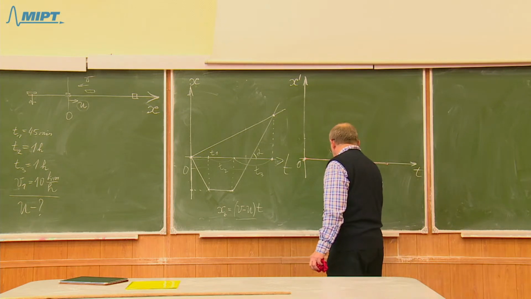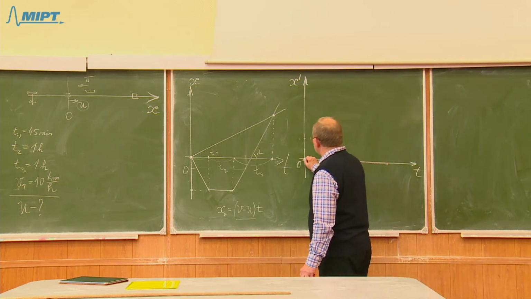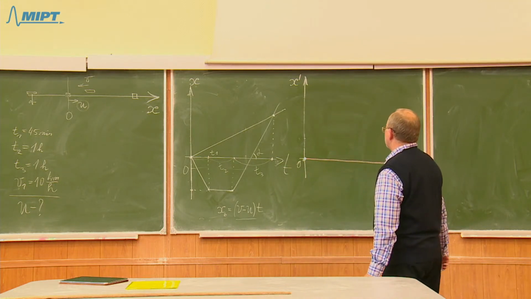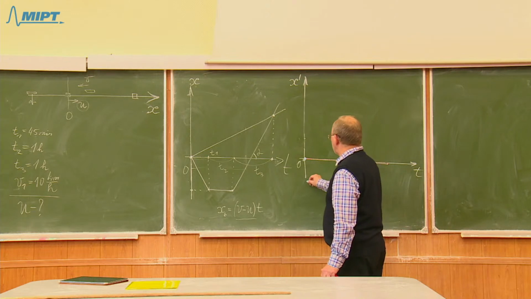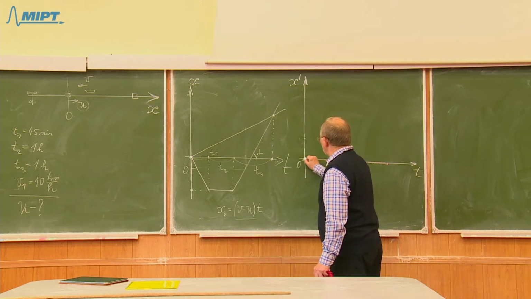And what will be the line showing the motorboat motion? At this particular moment of time, they met together, the motorboat and the raft were close to one another.